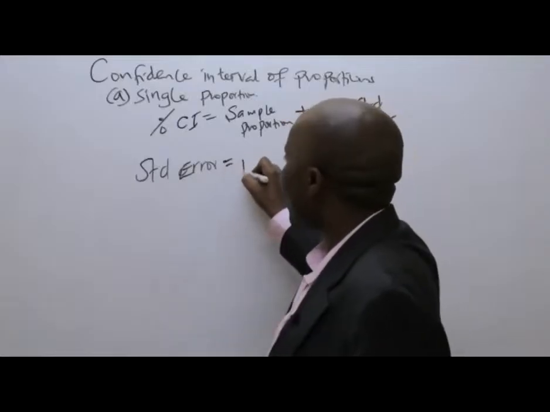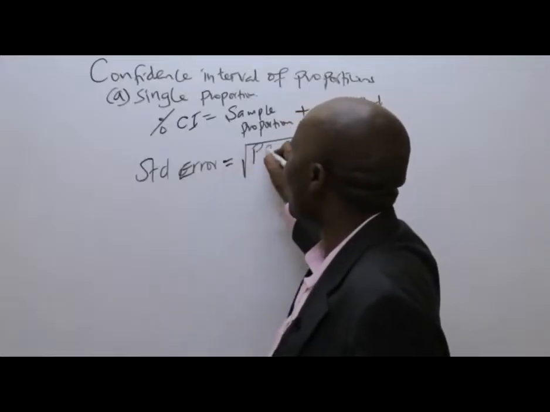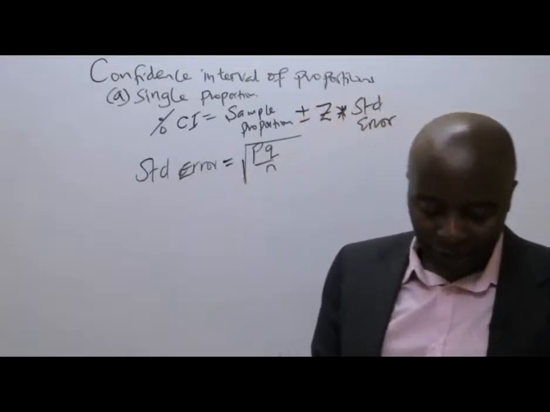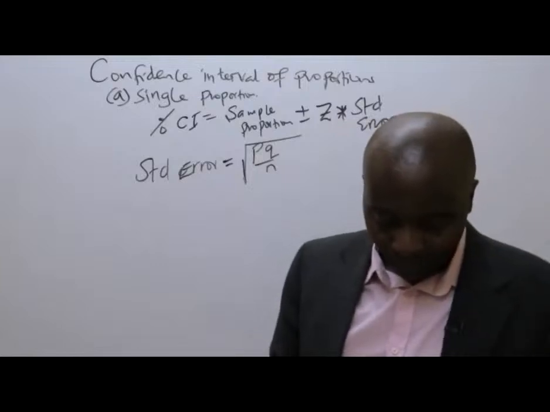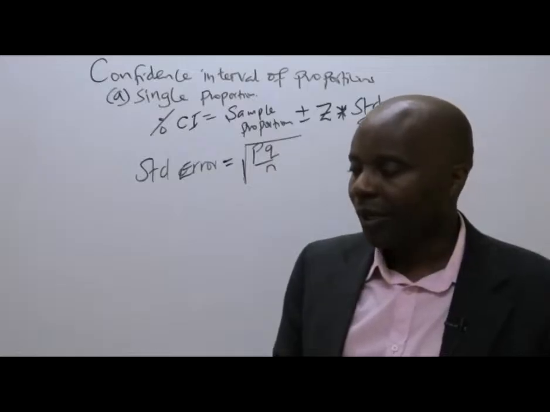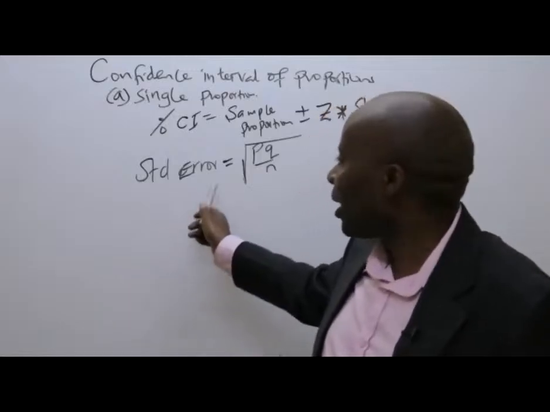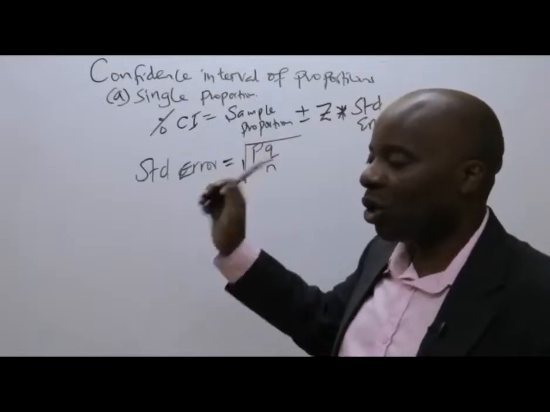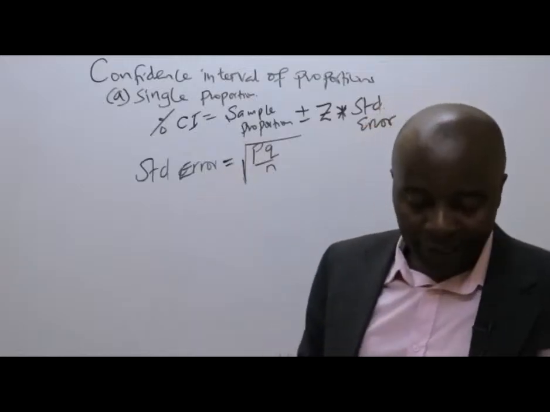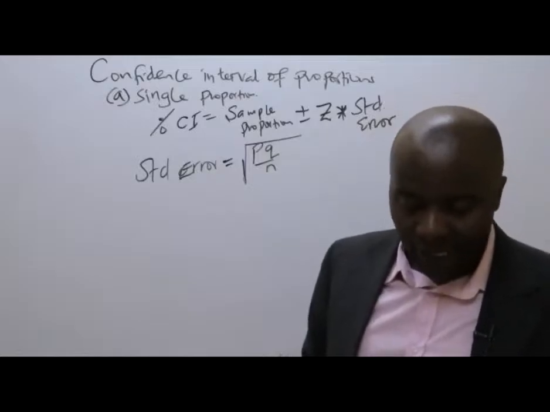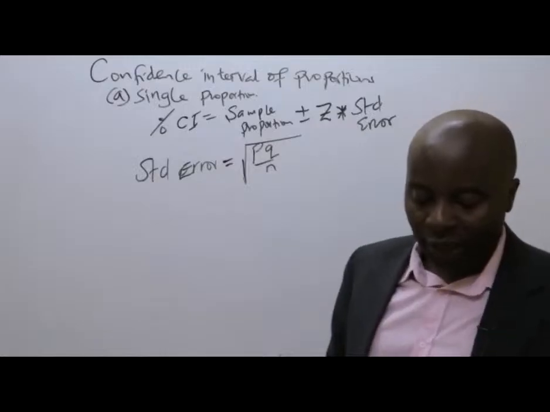To get the standard error here, we take the root of P multiplied by Q, all over N. Ladies and gentlemen, this is quite important: the standard error equals the root of P times Q all over N. For you to understand what P stands for and what Q stands for, I would want us to look at an illustration.